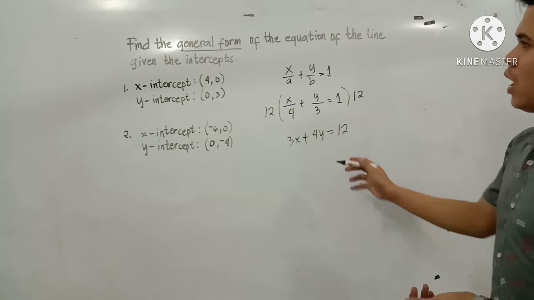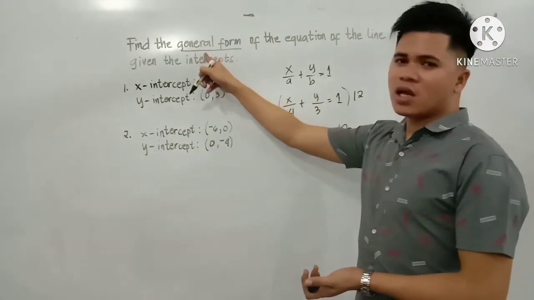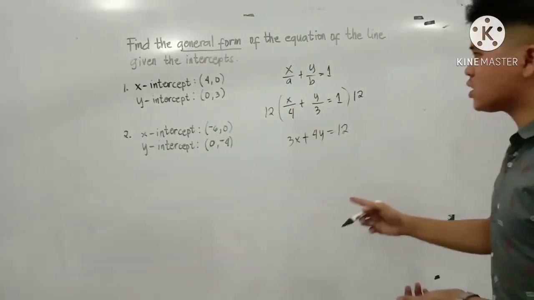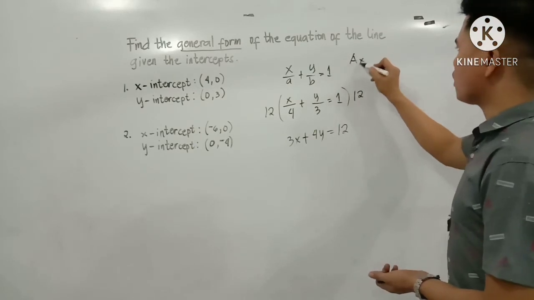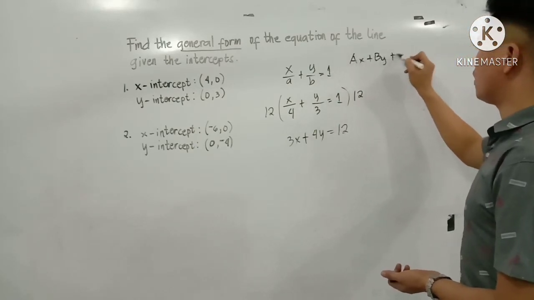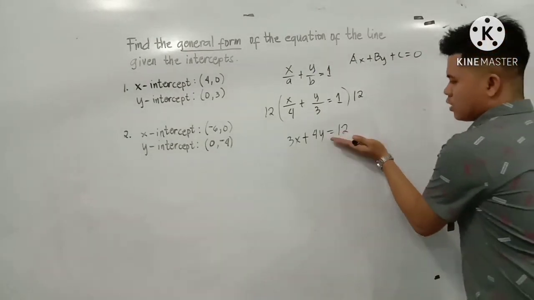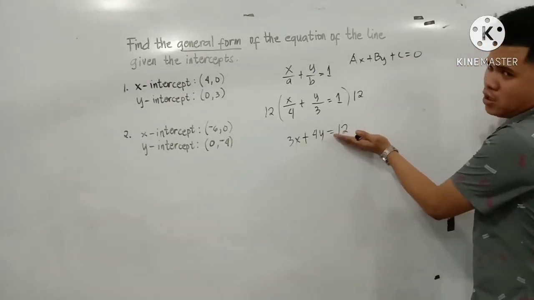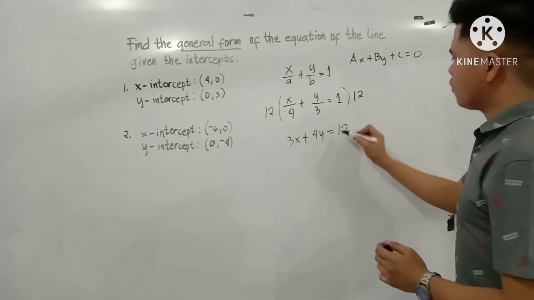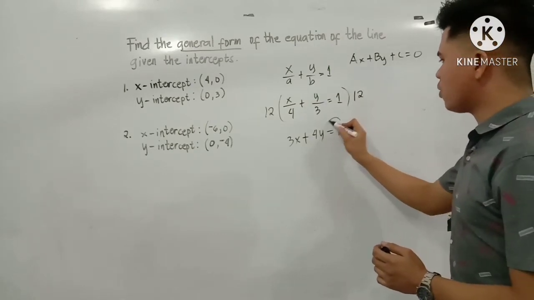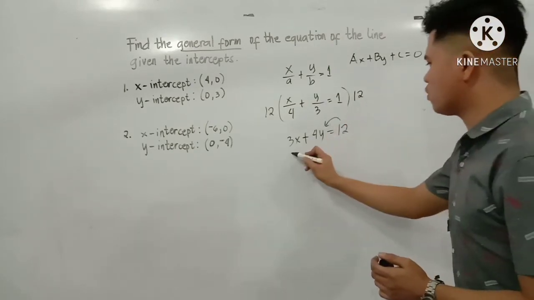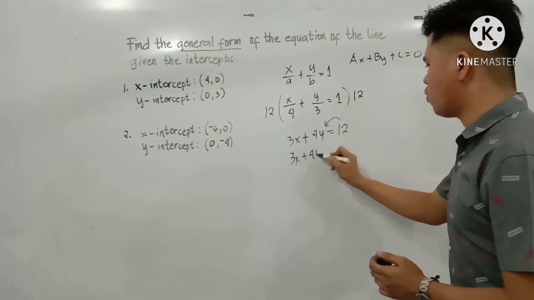And look, our target is the general form. So that means in the form of ax plus by plus c is equal to 0. So meaning the right side of the equation is 0. So this constant, we transpose it to the left side of the equation. So simply 3x plus 4y.